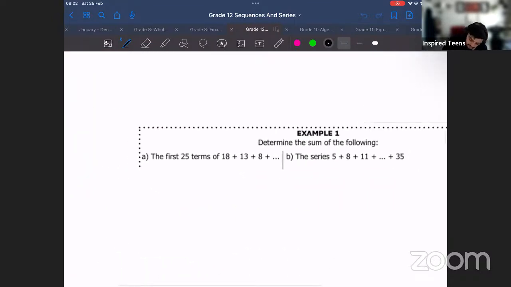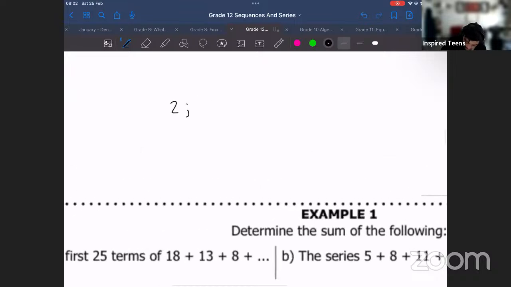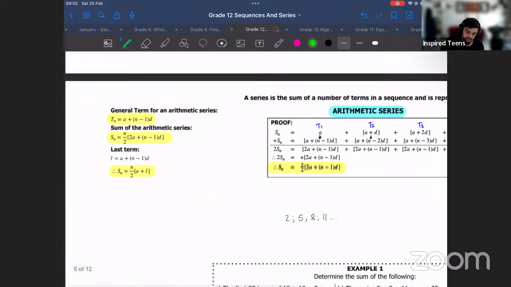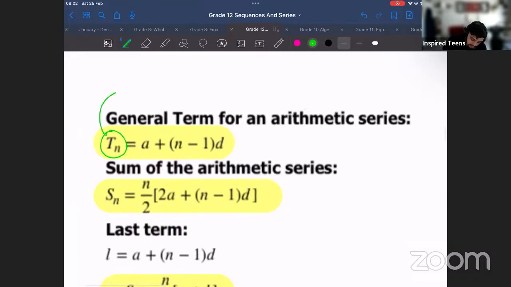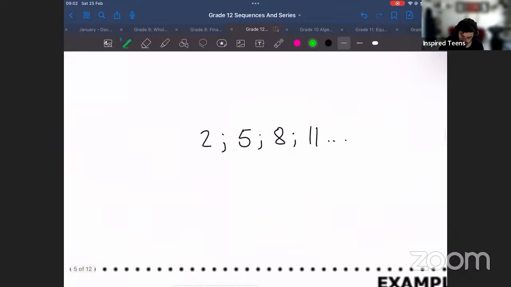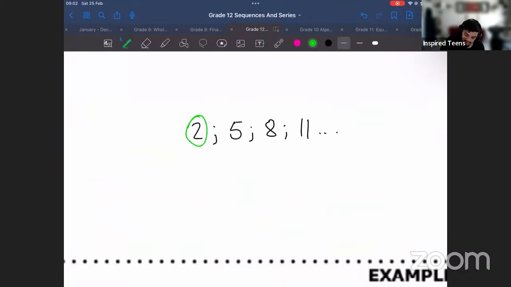So sum is basically if I have a pattern, arithmetic: 2, 5, 8, 11, and so on. When I utilize this formula, we said that Tn is actually the value of the term. So in this case, the first term is 2, so Tn is equal to 2.